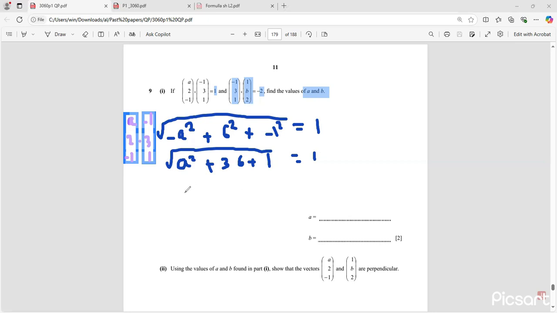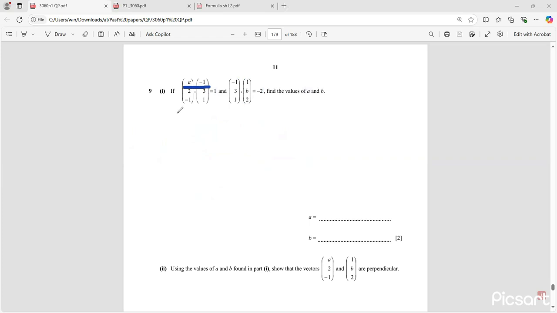So a squared plus 37, equal to number 1. Here we're not going to take it like this.